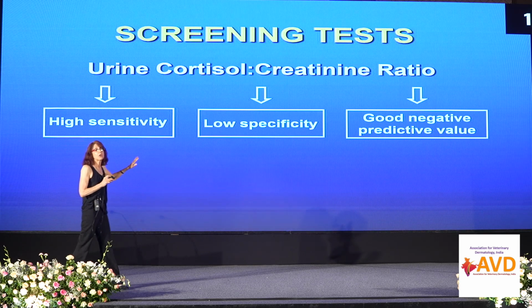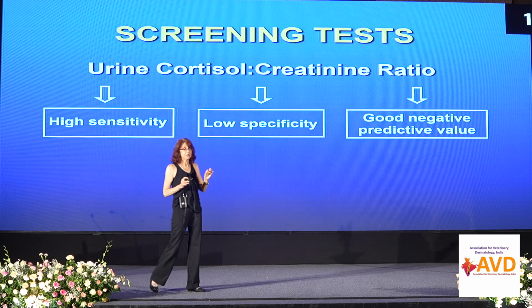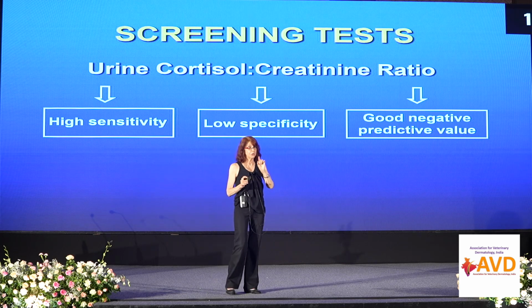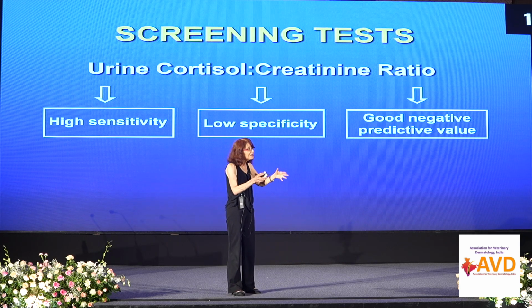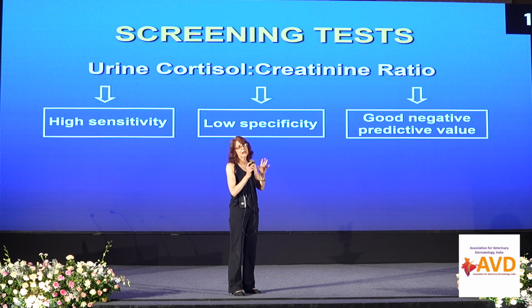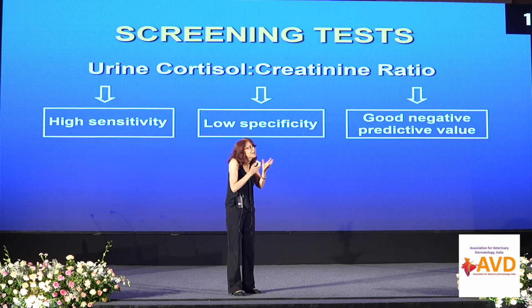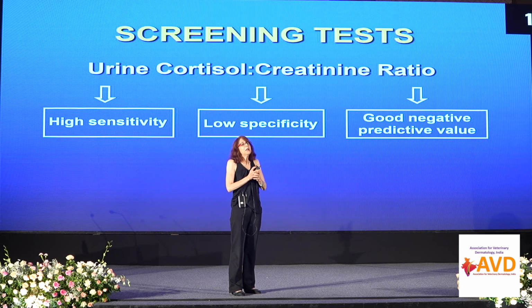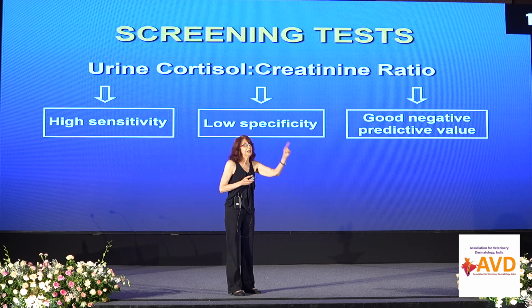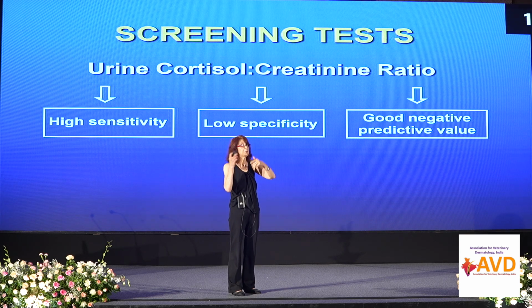So, urine cortisol creatinine ratio. This test you're only going to do if you have a patient that is not that classical of Cushing's, but there are some signs of Cushing's. I ask myself, would I sleep tonight if I don't do this? Because otherwise I'll be thinking about that patient all the time.